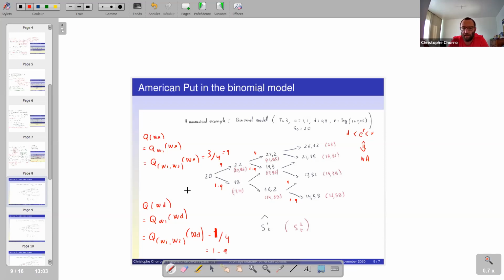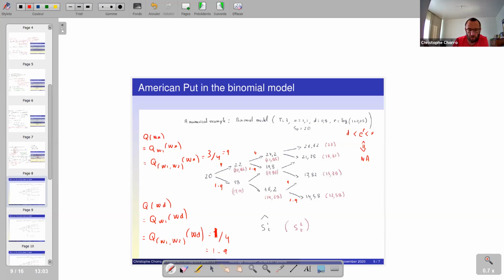Okay, and you have here in the tree the dynamic of the risky asset. So in black, the value of the risky asset, the unique risky asset, and in red, the actualized value of the risky asset. Okay, just a remark here.